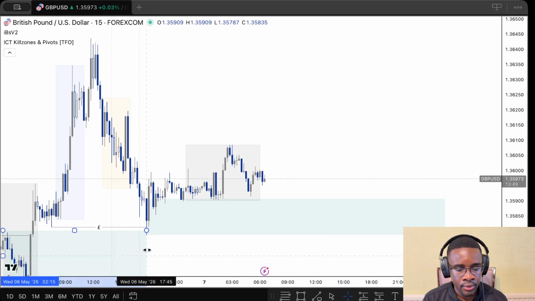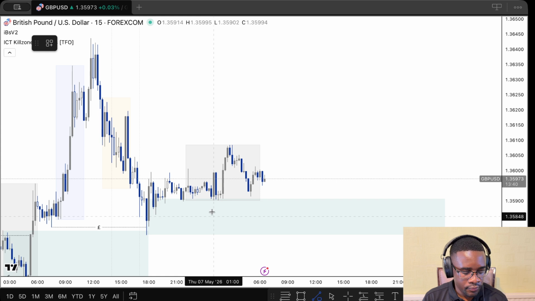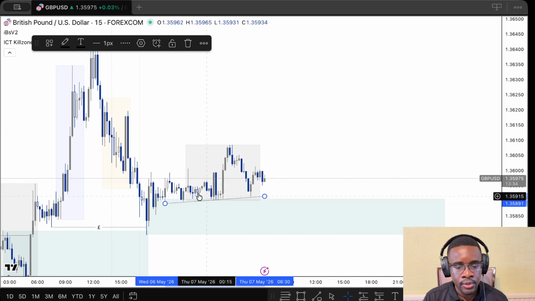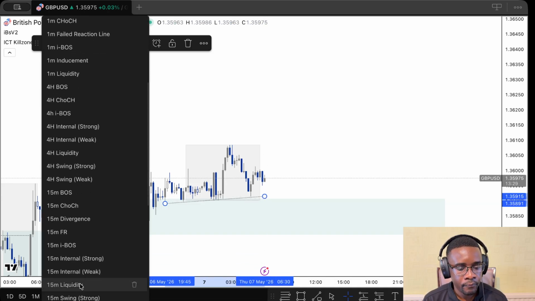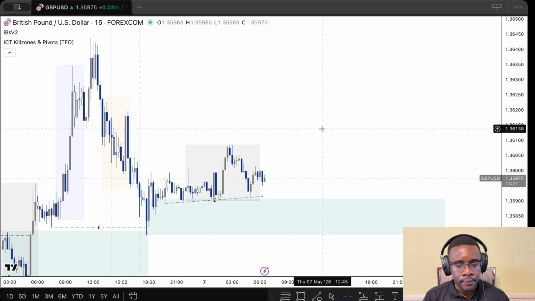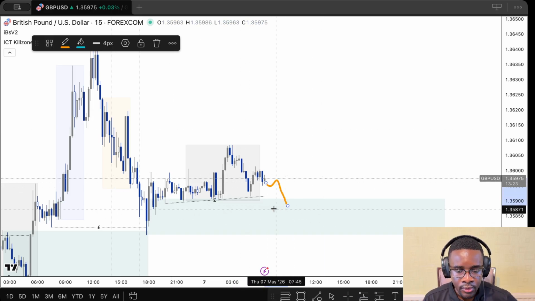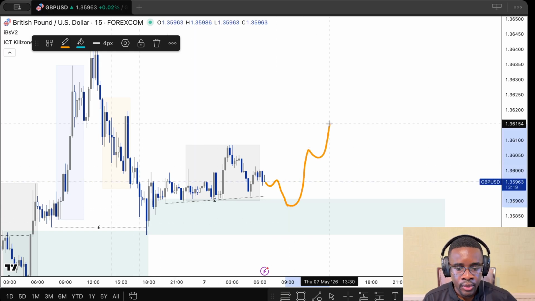So we could say, okay, price may not come back into this area, and then this is where we have, we still have trend line liquidity in that area. Okay, so price could still come lower, sweep this one more time before then continuing.